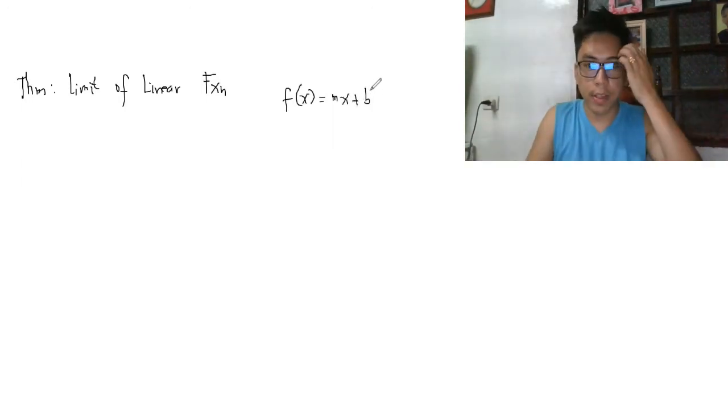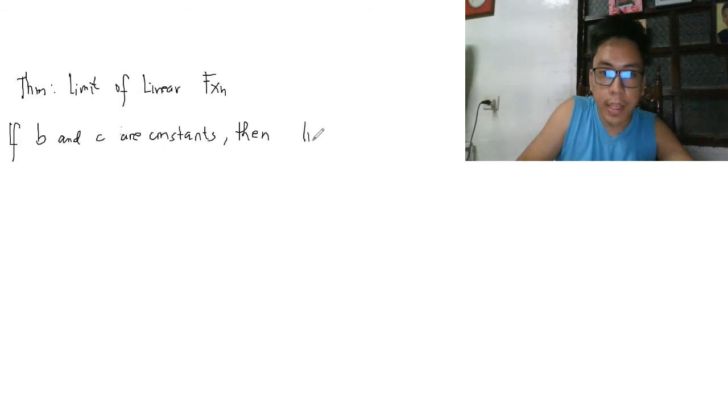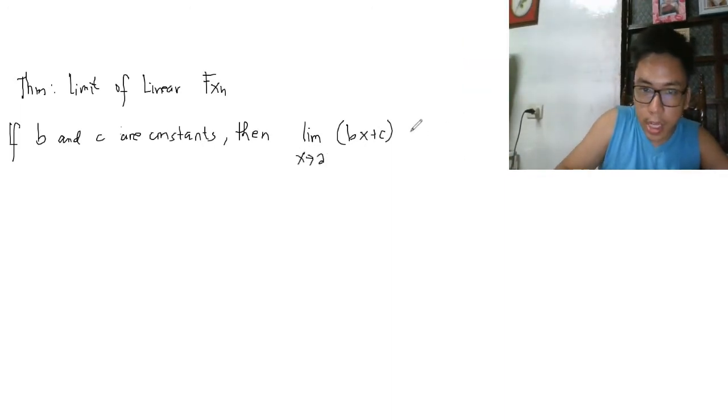Okay, so in this case, the limit of a linear function says that if you have b and c to be constants, any arbitrary value from the real numbers, then the limit of bx plus c as x approaches a is technically ba plus c.